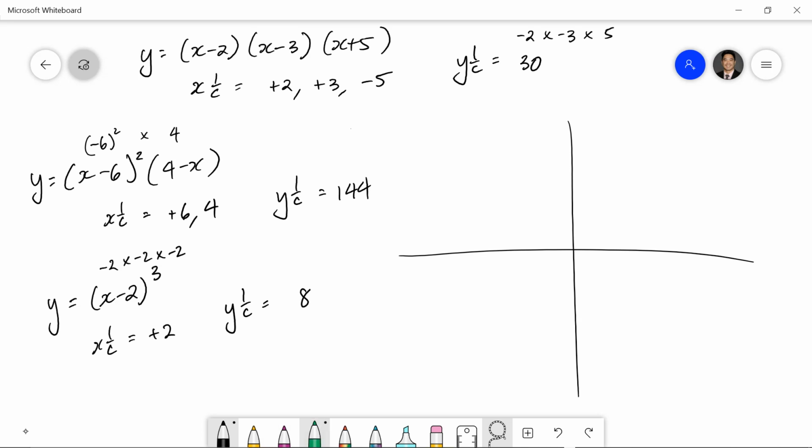All right, so for the first graph, and these are just sketches, okay? So positive 2, 3, 4, 5, minus 1, minus 2, minus 3, minus 4, minus 5. We know that it's going to cut through this point, this point, and this point. We also know that it has a y-intercept of 30, and obviously this is not to scale, but that will do for this point in time.